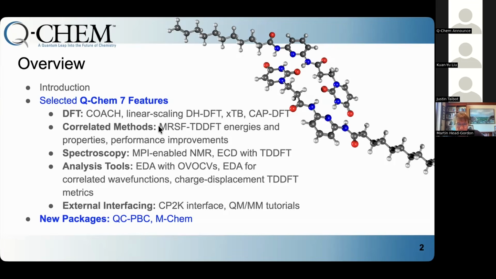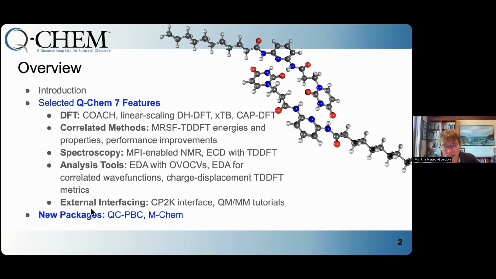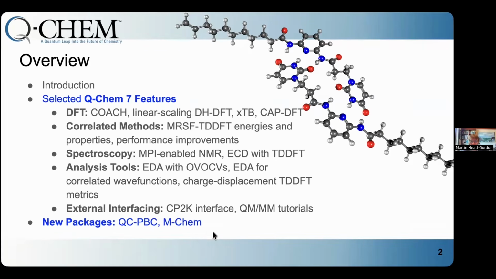That'll be the majority of the talk. And then at the end, I have very special highlights, which is that Q-Chem 7 comes with two external packages, brand new packages, QC-PBC and MChem, that I want to tell you about. That's basically our agenda, and then we'll go to questions.